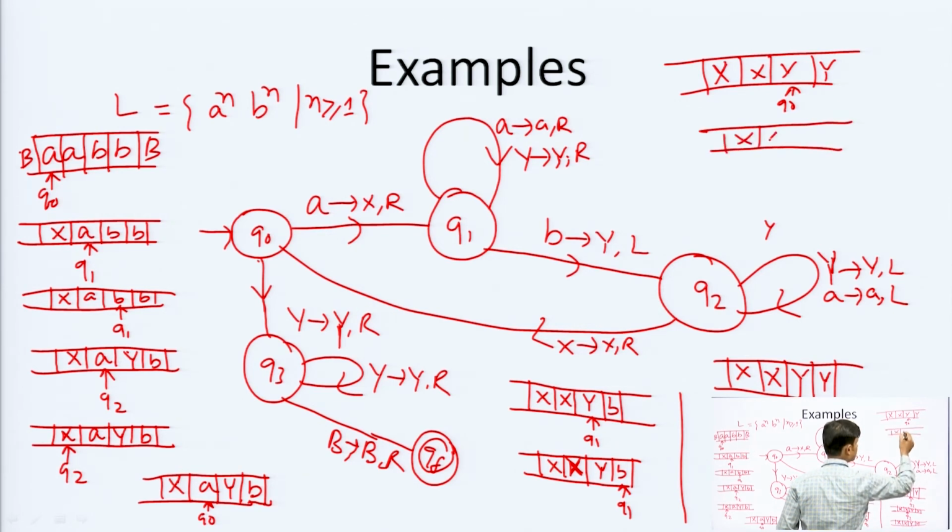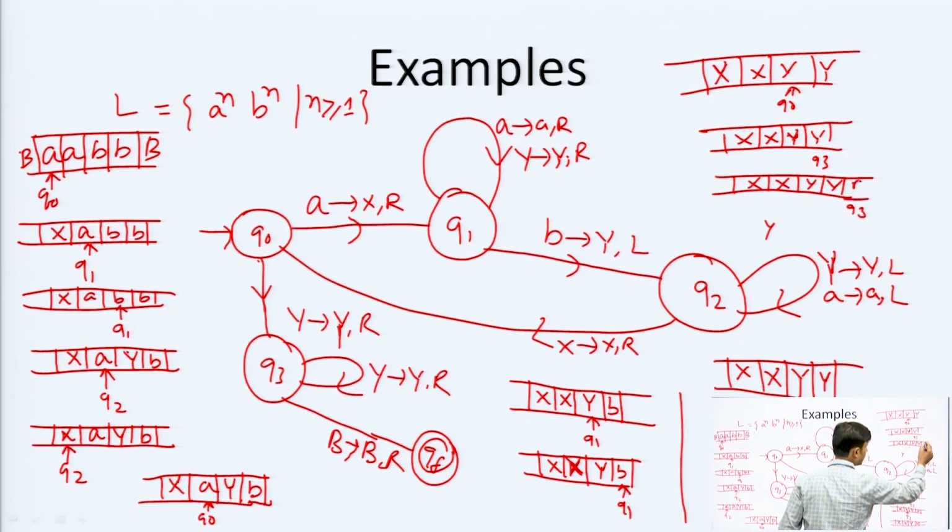Then after this is q 3 x x y y, then this is q 3 blank. Now q 3 points to blank, then it will go to the final state, qf, this is accepted.